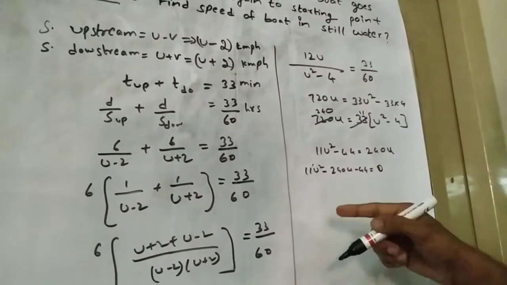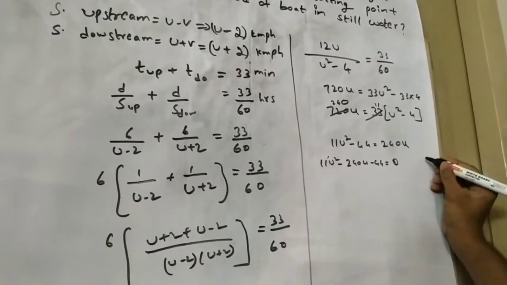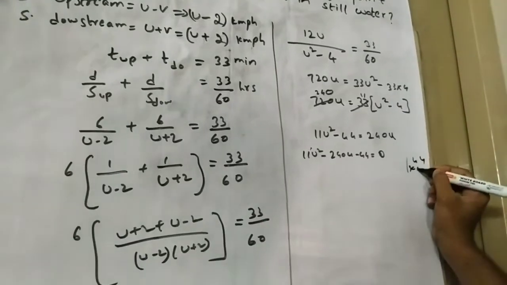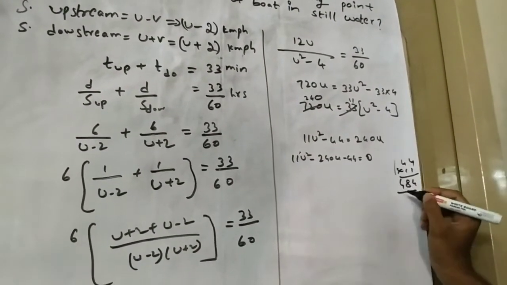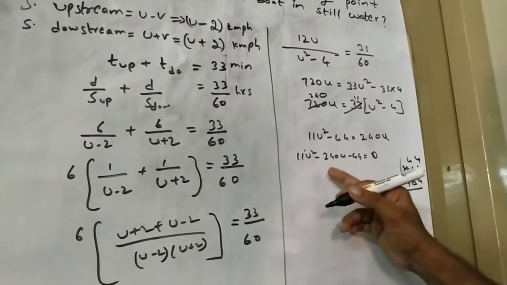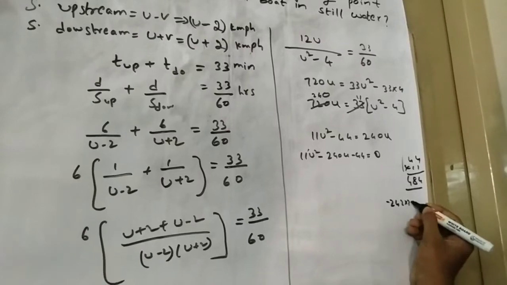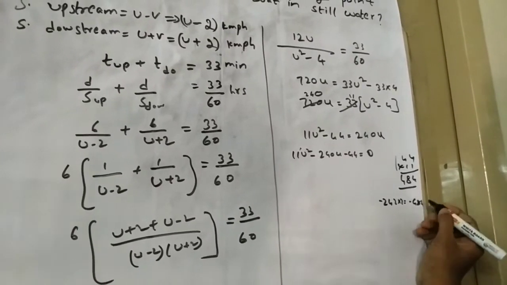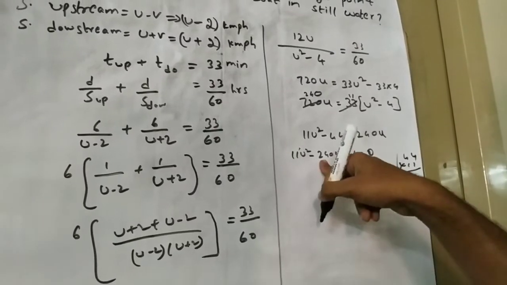So we should find the factors for it. 11 into minus 44: 44 times 11 is 484. We should find the factors for 484, and minus 242 into 2 is equal to minus 484. So minus 242 plus 2 is equal to minus 240.